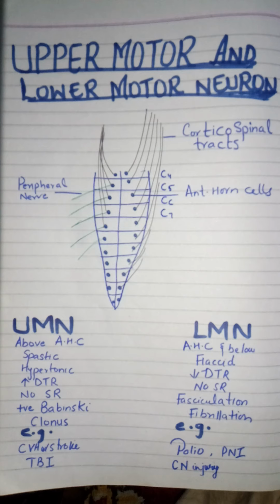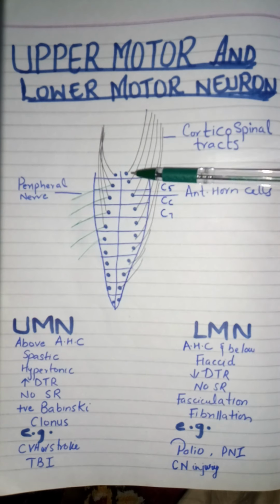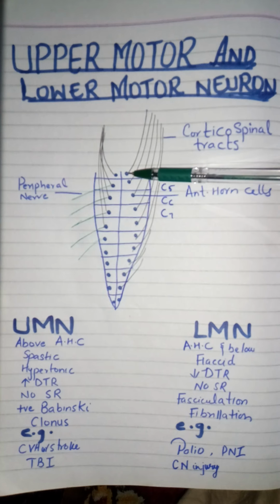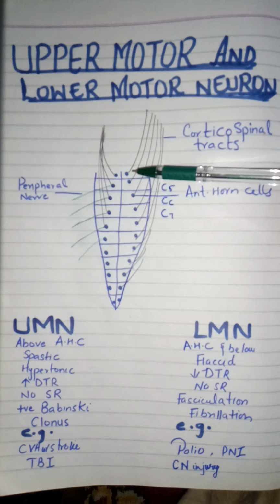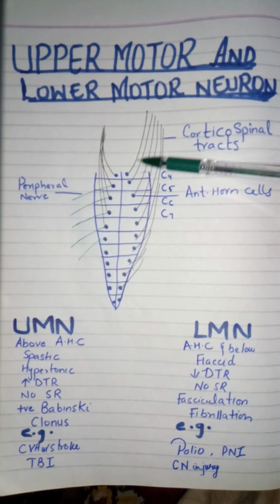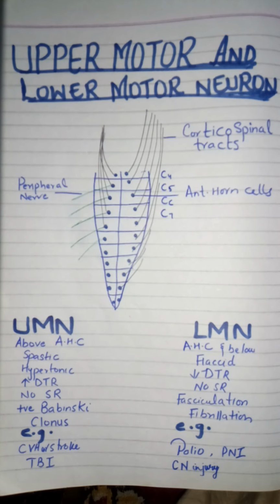First we need to understand how we can differentiate between upper motor and lower motor neuron injuries. So what is included in the upper motor neuron? Any injury or disorder that affects the structures above the anterior horn cells. These are the anterior horn cells, these big dots. Any injury that affects the structures above the anterior horn cells will be included in upper motor neuron disorder.